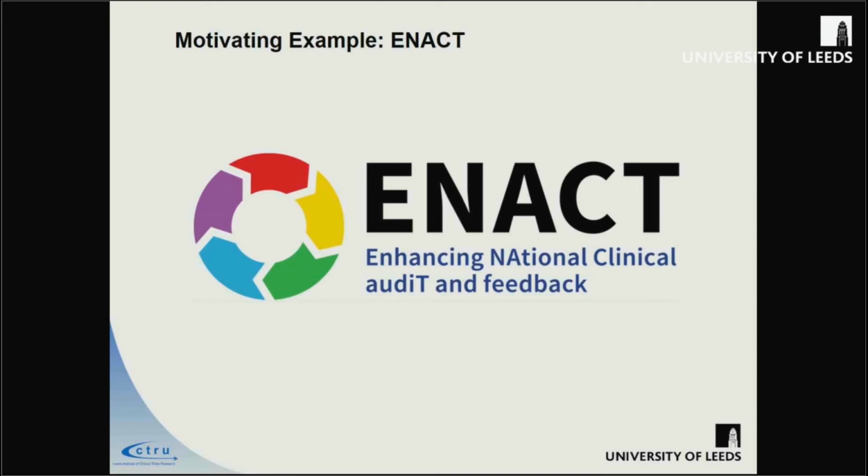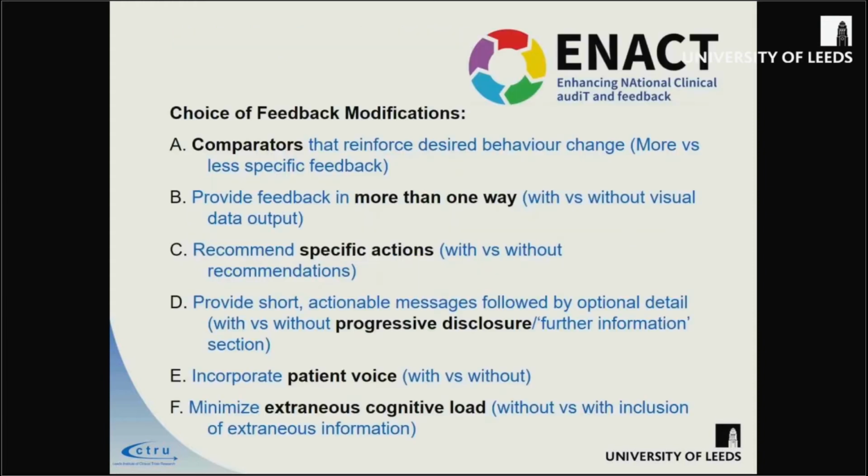We have managed to get a more advanced factorial design funded within HS&DR. And the idea with this particular one is to pick apart the feedback of audit and feedback even further and have 6 modifications to the feedback, and we're now in the process of deciding it.